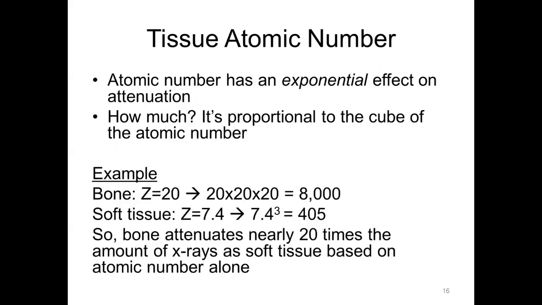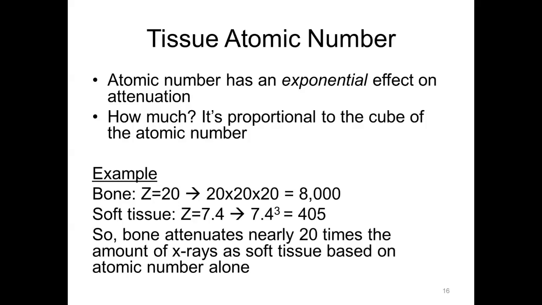That's because atomic number has an exponential effect on attenuation. In fact, if you take the atomic number and you cube it, which is multiplying it by itself to the power of 3, that's the effect that atomic number has on attenuation.